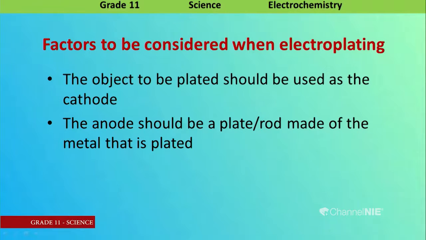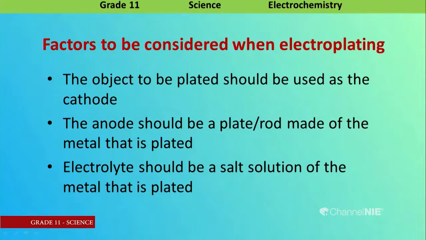And the anode should be a plate or rod made of the metal that is plated, right? Now, if we are plating copper, the anode must be a metal sheet of copper or a metal rod of copper. Then, what about the electrolyte, children? The electrolyte is the solution we use.